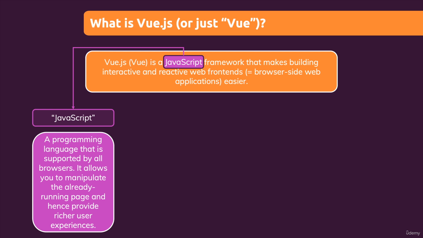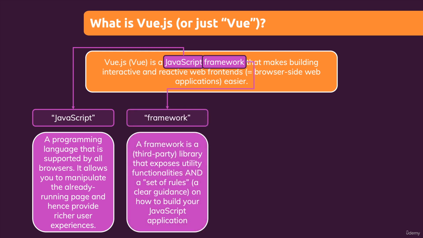Indeed, Vue.js is a JavaScript framework. Now, what does framework mean? Framework, not just in JavaScript, but in any programming language, is basically a third-party library, which means it's code not written by you, but by someone else, which exposes certain utility functionalities, certain methods, certain tools which you don't have to write on your own.